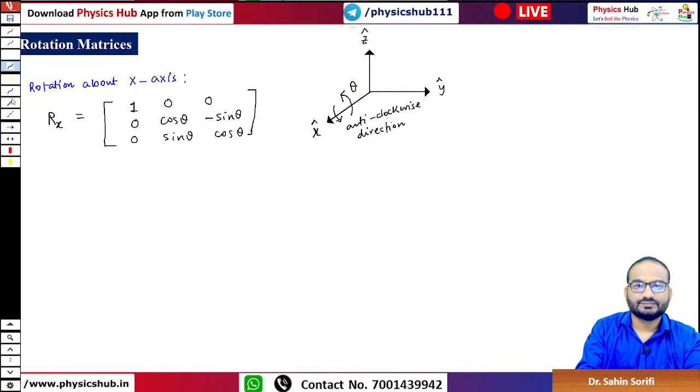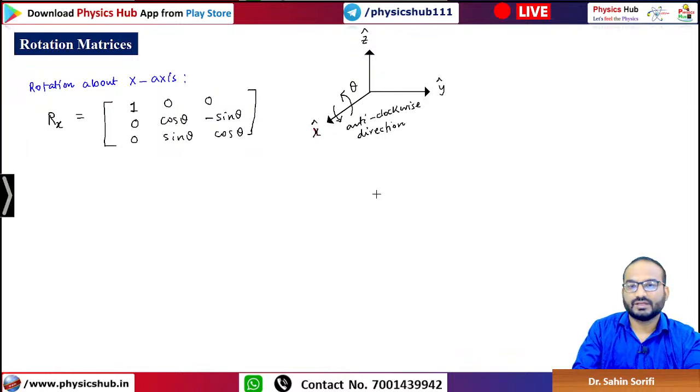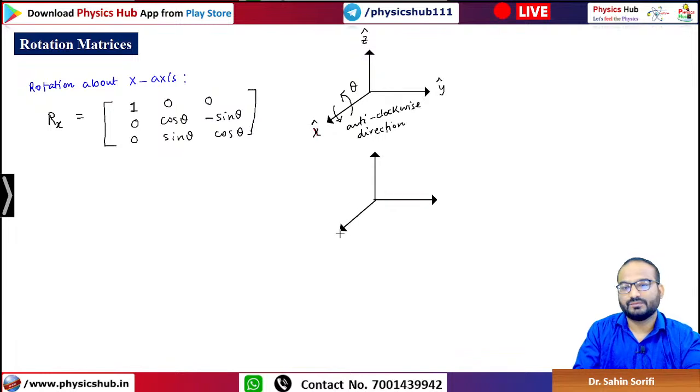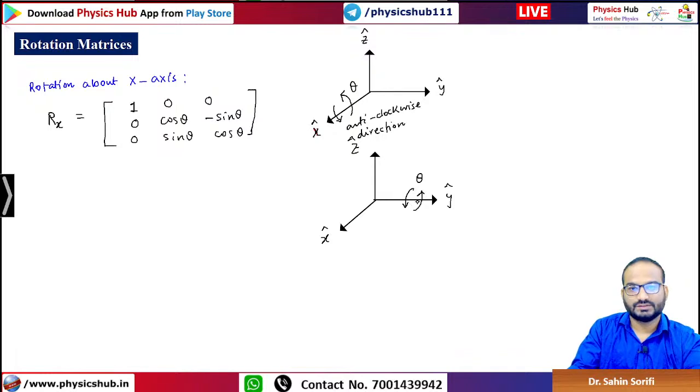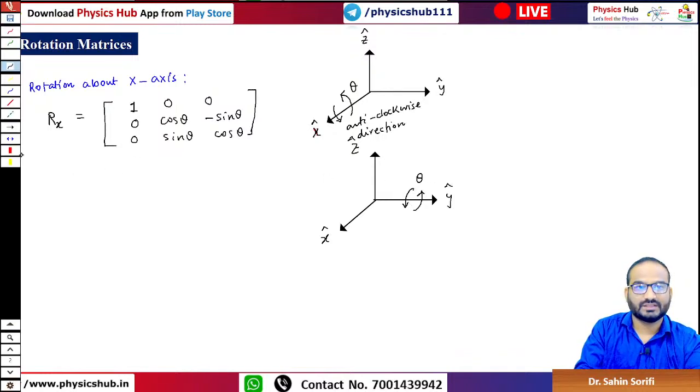Now similarly, you can make a rotation about the y-axis. When you are making the rotation about the y-axis, what will remain fixed? The y-axis remains fixed and the z-x plane will rotate, in the anti-clockwise sense by some angle theta.